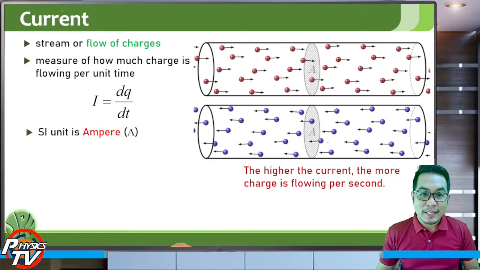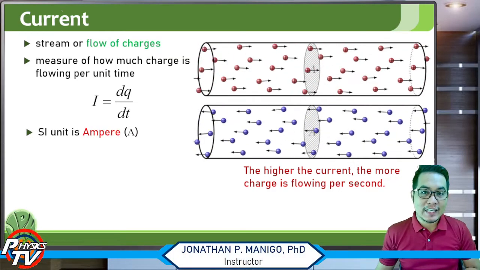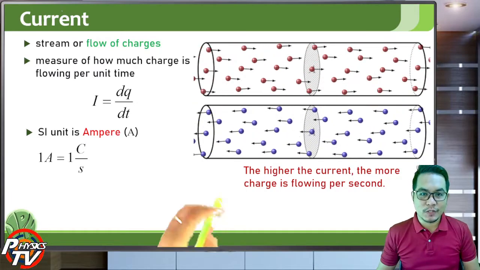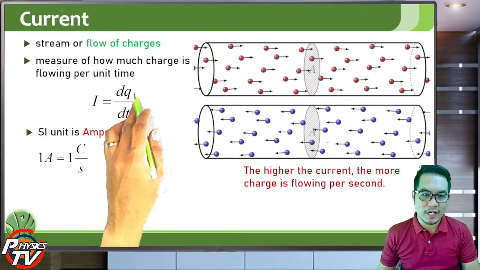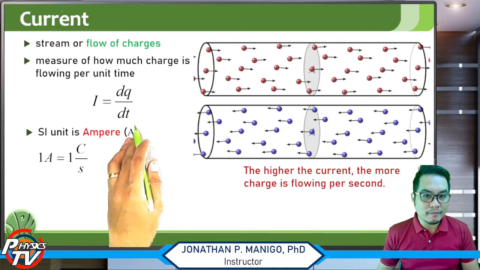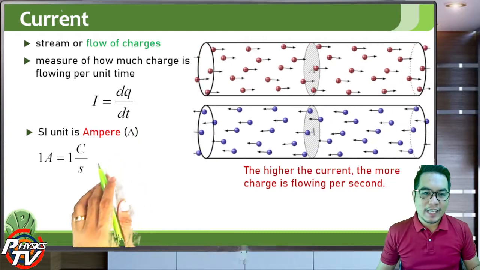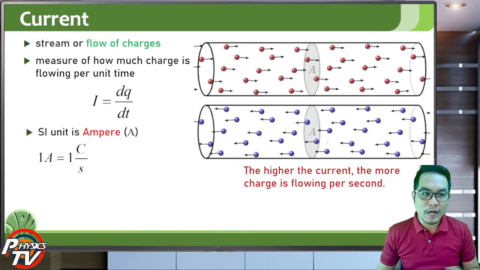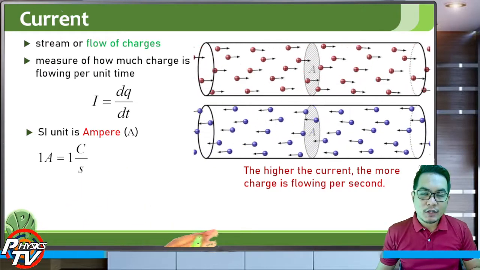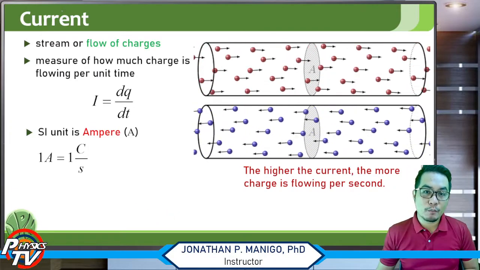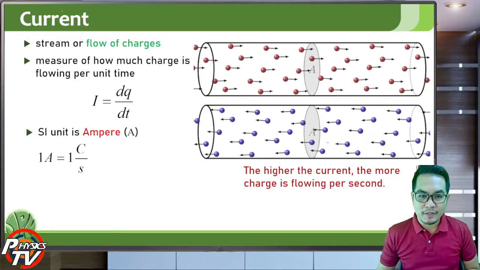So by the way, the standard unit for current is the ampere, and 1 ampere is 1 coulomb per second. So the unit coulomb, so for charge and time, charge per unit time is coulomb per second. That is defined as the unit called ampere. So 2 amperes is basically twice more charges flowing per second as compared to 1 ampere.